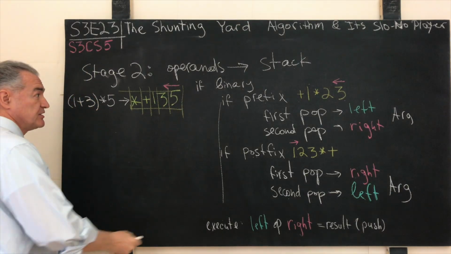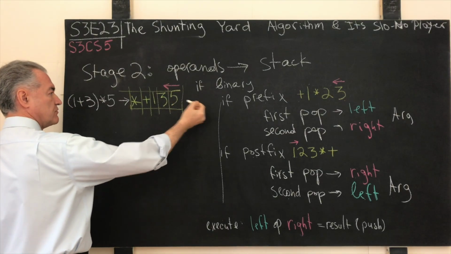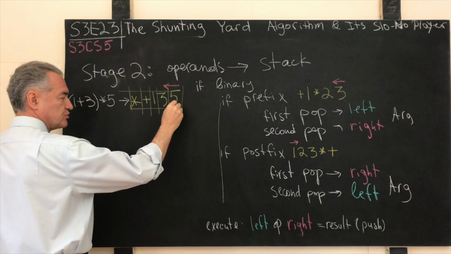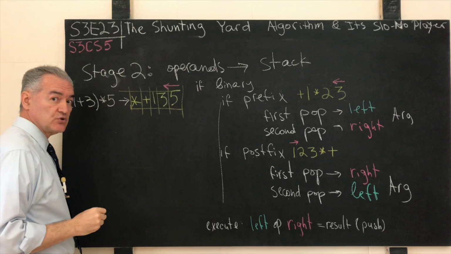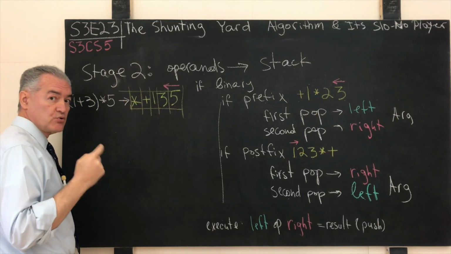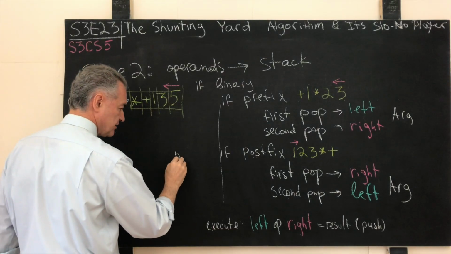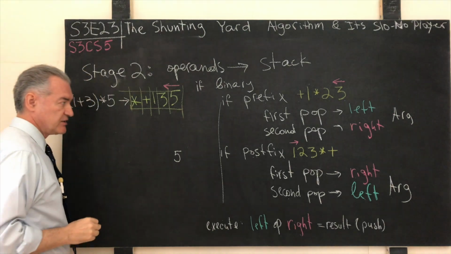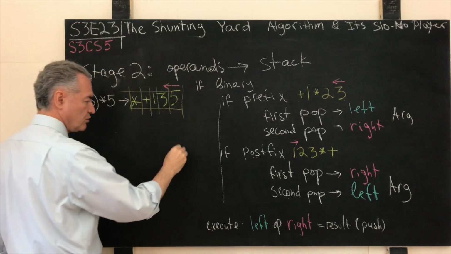So processing this prefix notation right to left, we see the first token, which is what? It is an argument. What do we do with the arguments in the second stage of processing? We push them onto the operands or argument stack. So right now at the top of our stack there sits number 5. Then comes number 3, argument, push it onto the stack.